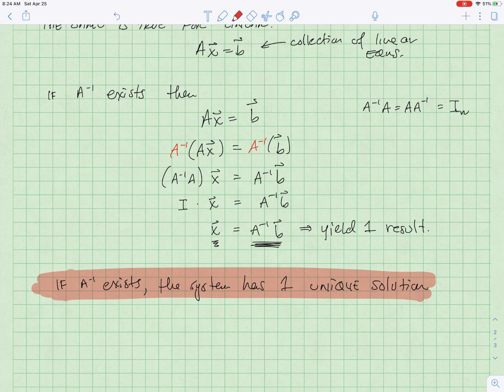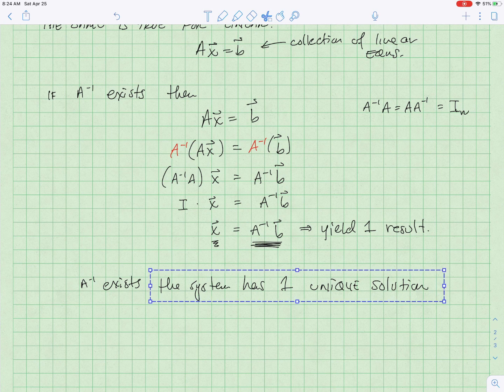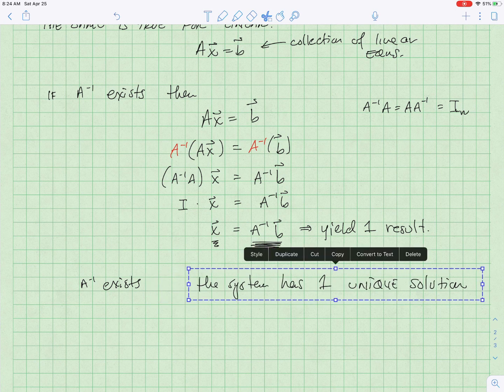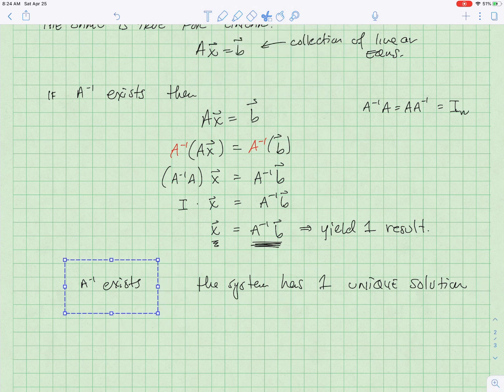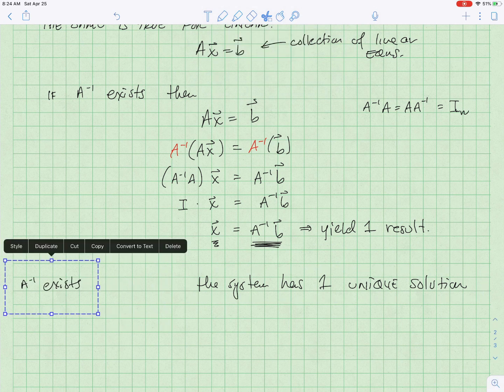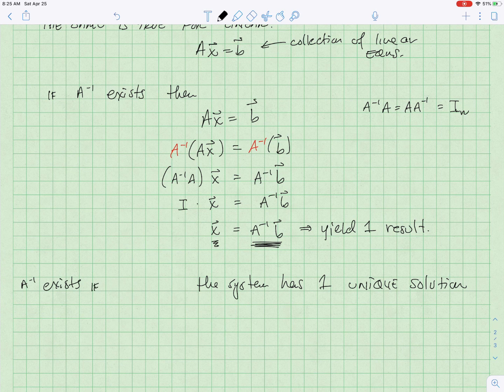So maybe I should say, let me delete this and rewrite this statement. This is a bidirectional implication. That is to say, it's a two-way street in terms of the if-then statement. And so what I really should say here is A inverse exists if and only if the system has one unique solution.